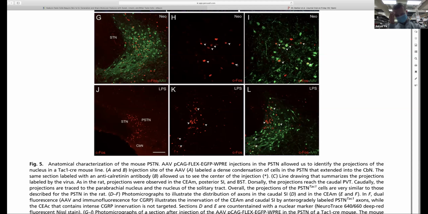In their previous paper, in 2015, they compared 5% sucrose and 20% sucrose among other tastants in rats, and looked at how much Fos expression they got in the PSTN, and it is strongest for 20% sucrose, not for 5%. But behaviorally, the rats prefer 5% sucrose versus 20% in their assay.